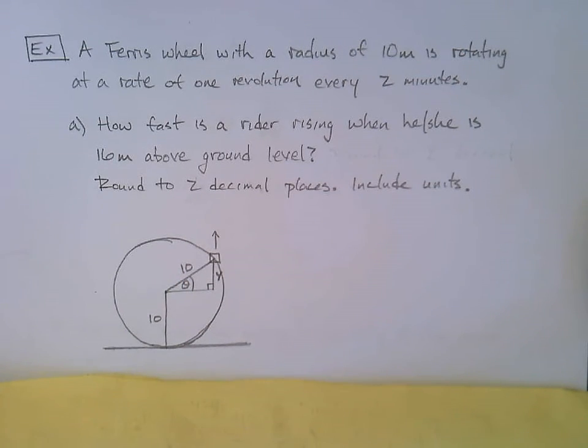Why not? It doesn't have to be a linear distance. Angles can change too. Angles can move and get bigger or smaller. Okay, so we've got this right triangle. We've got theta, we've got y here, we've got 10 right there. This is all we need.